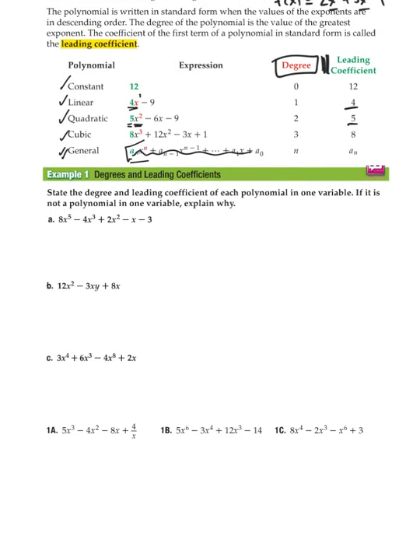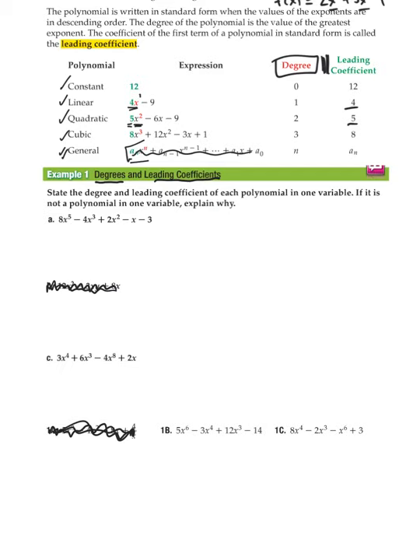We're going to skip over 1B and 1A on these examples. They're not polynomials. I'm not terribly concerned if you can identify what isn't a polynomial. I just want you to understand what is a polynomial. In these examples, we're just going to identify degree and leading coefficient.